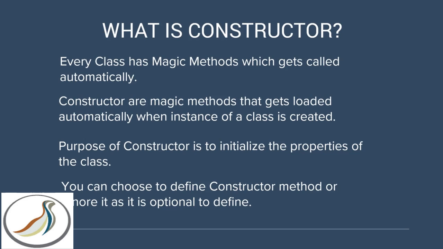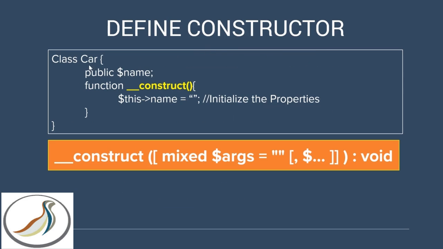Okay, so let's look at an example of how the constructor can be defined. So how to define a constructor? You have a car class and a property name, and the way you define a constructor is like this. __construct is the keyword, and then you define that function. You have to use the same name and same notation.